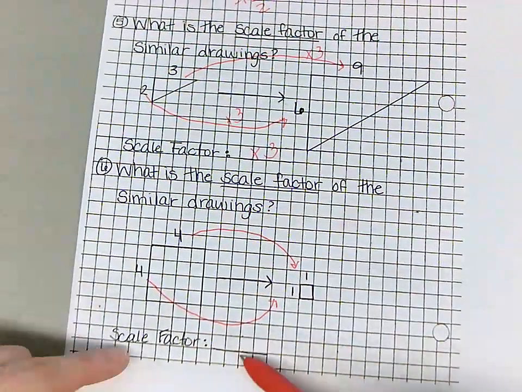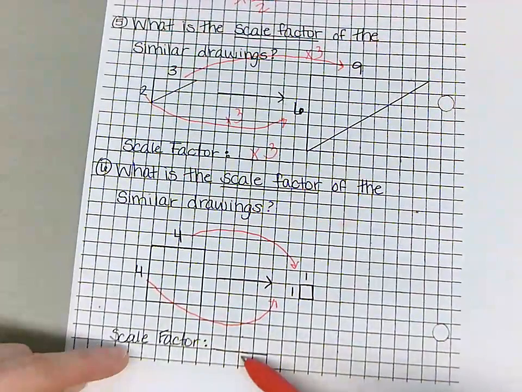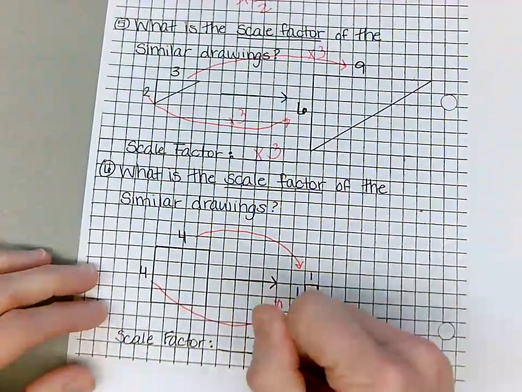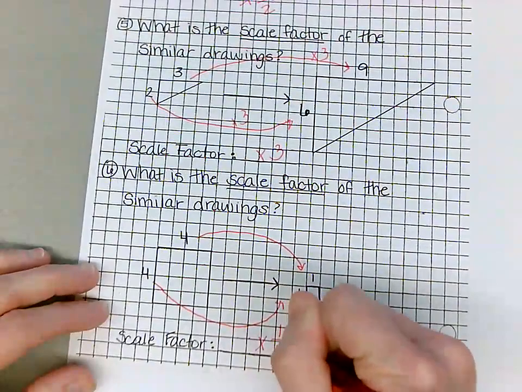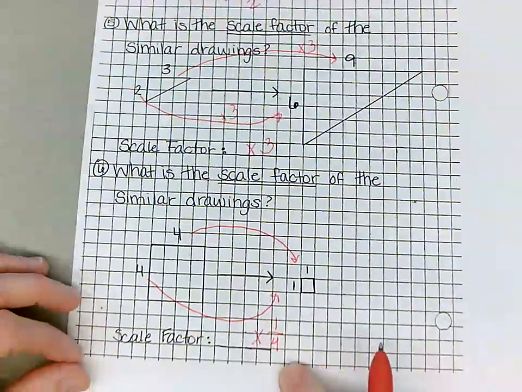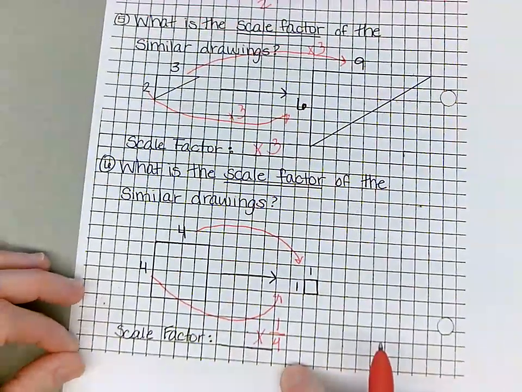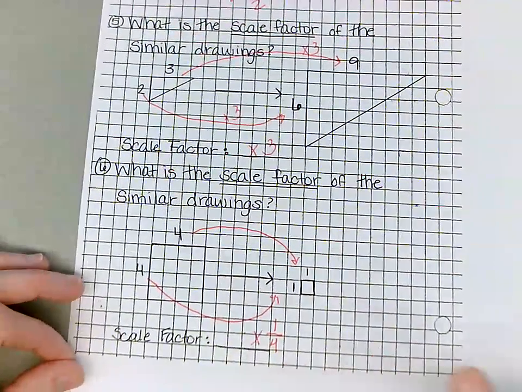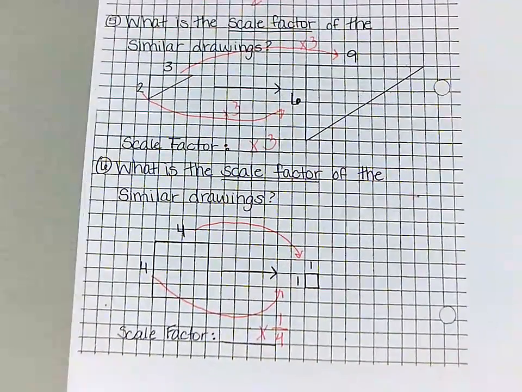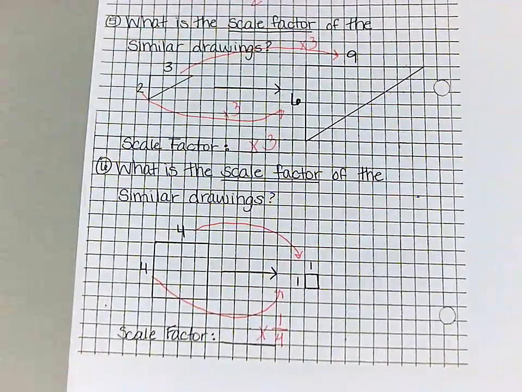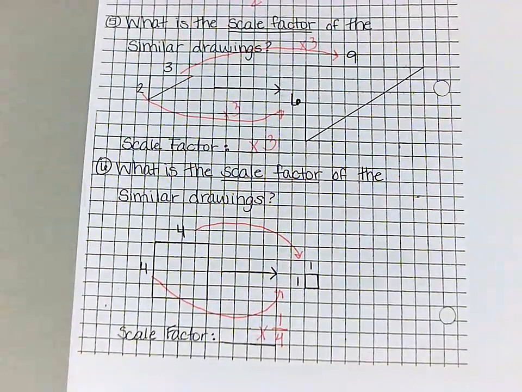Yep. But for the scale factor, we're not going to say dividing by 4. It's getting 1/4 smaller. It's getting 1/4 of its original size, times 1/4. Okay, so there's 1 through 6 as far as just practicing the scale factor piece of it with similar shapes.